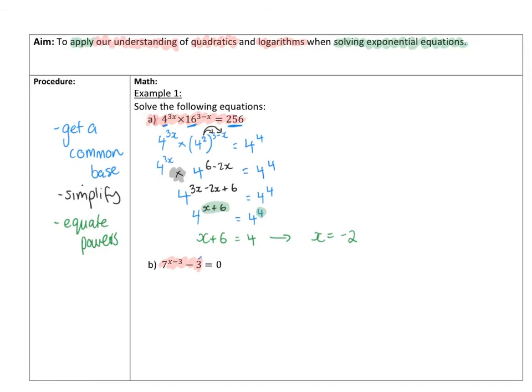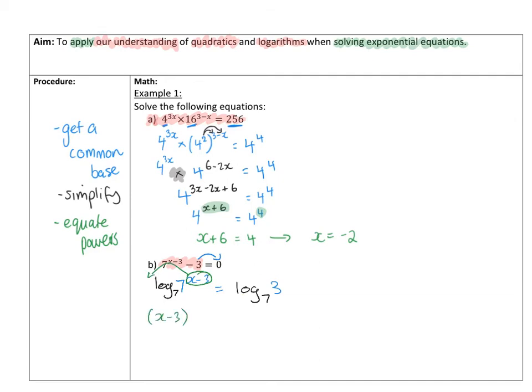If I carry the 3 over, I'll get 7 to the x minus 3 equals 3. Now if I log base 7 both sides, we have the opportunity to resolve x minus 3.